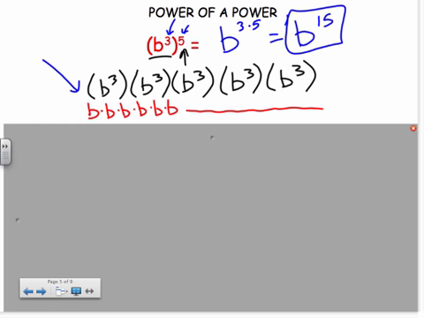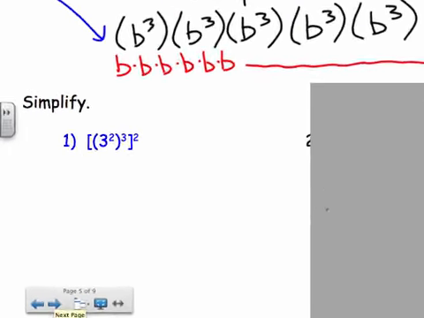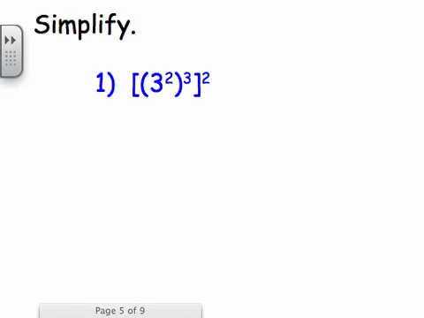Once again, let's do a few examples. So first example, I'm taking 3 to the 2nd power, which I'll take to the 3rd power, and finally to the 2nd power. Well, the nice part about our shortcut is anytime you take a power to a power, you can just multiply.